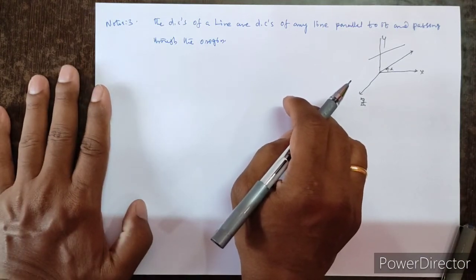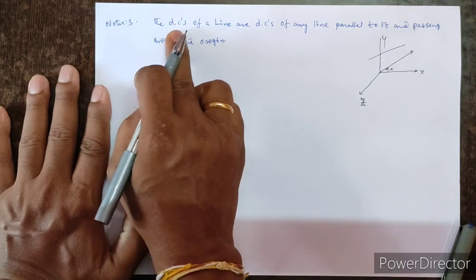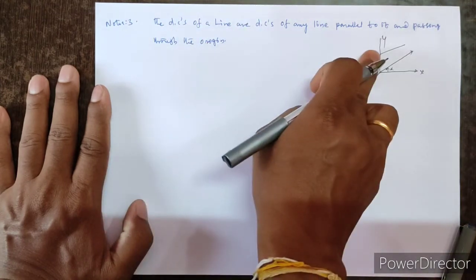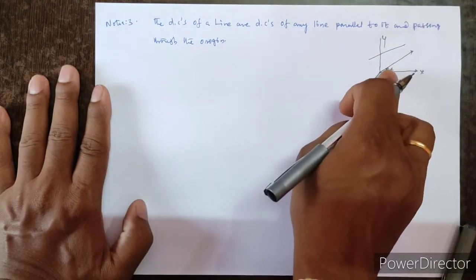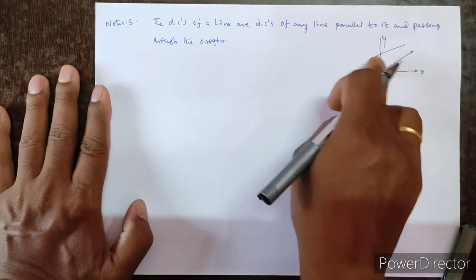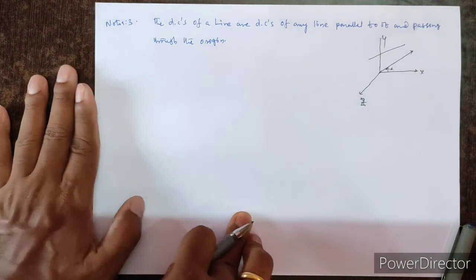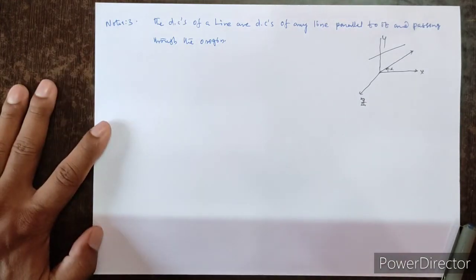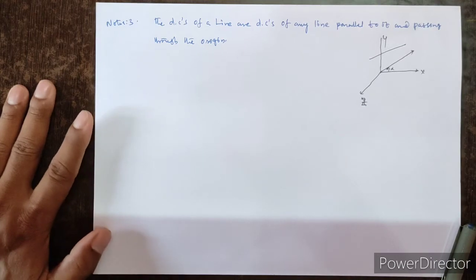Therefore the direction cosines of a line are the direction cosines of any line parallel to it and passing through the origin. So like that we can find the direction cosines of any line, by drawing a line parallel to it and passing through the origin.